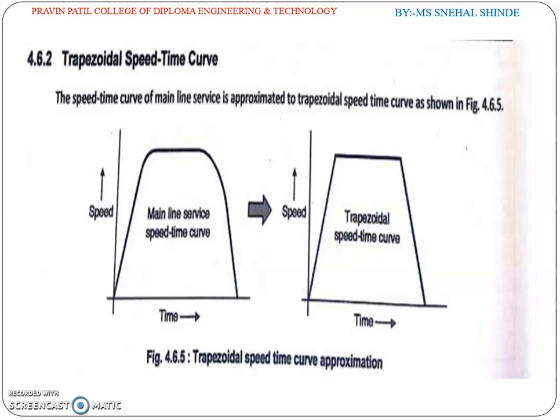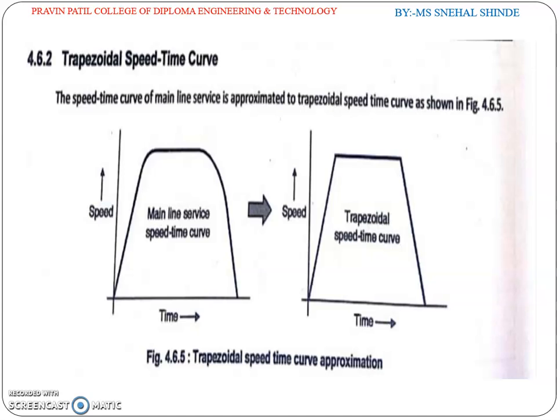So by applying the formula of the area, half base into height for the triangle, and then the formula for a square, like length into breadth, we will calculate the total distance traveled during acceleration, then during the free run, and during the braking.